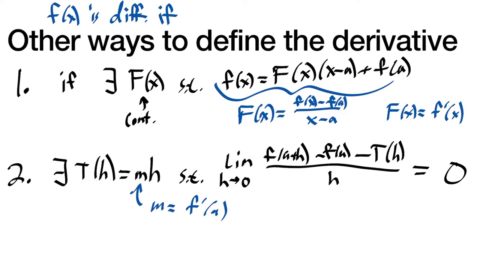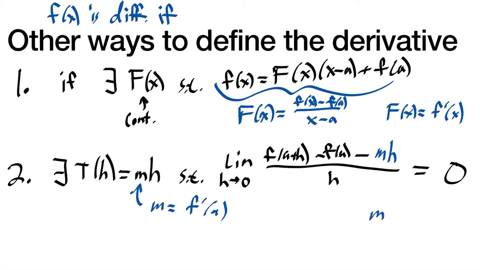Again, check it out in the book, but what you'll notice is a couple of things. If you put m times h in here and then split it up, you get your derivative minus m. So if we take this as it is and replace t of h with the m times h that we see here, then you could split this up into two fractions.